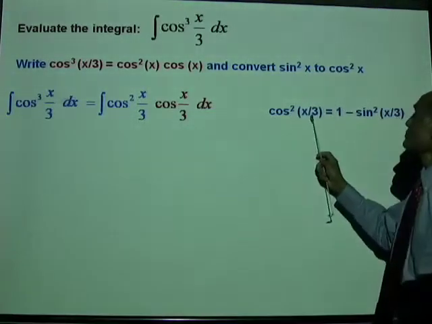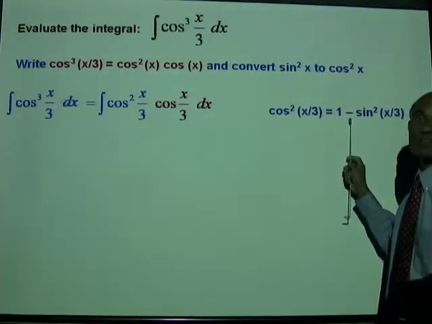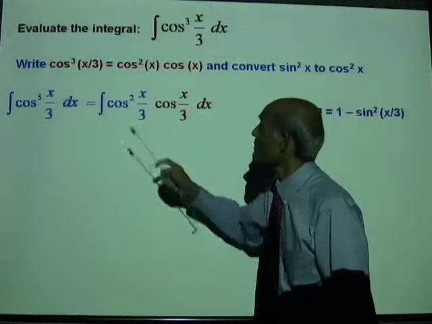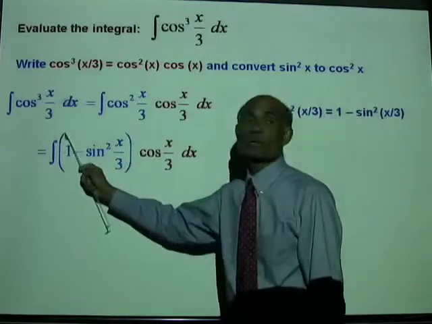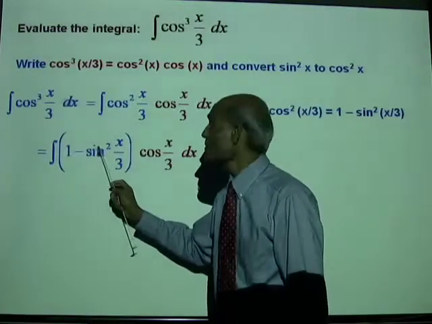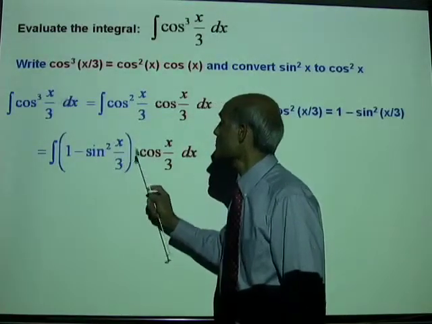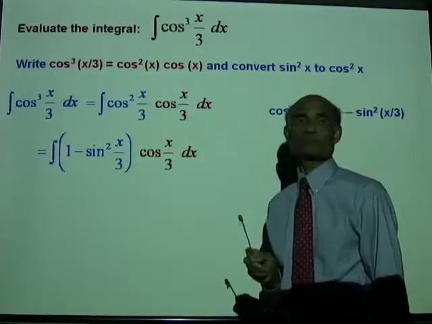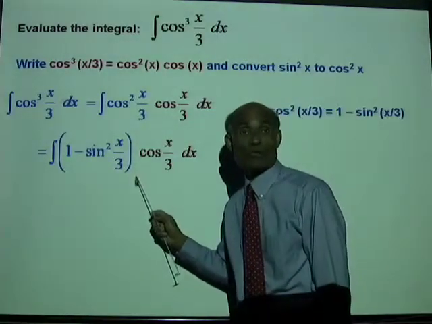That's right. Let's replace that over here. So that will be integral 1 minus sine squared x over 3 times cos x over 3 dx. Well, we got what we wanted.